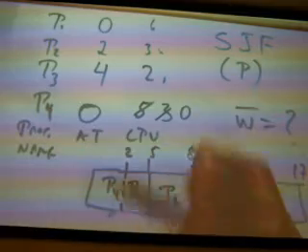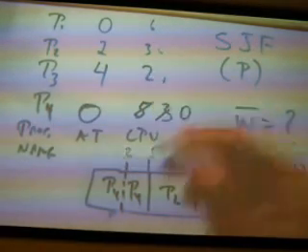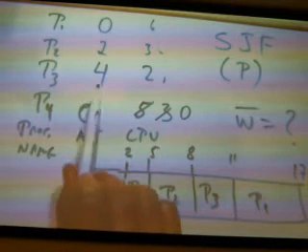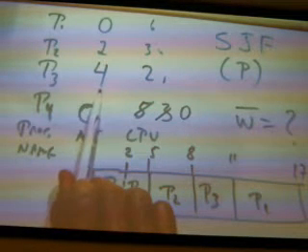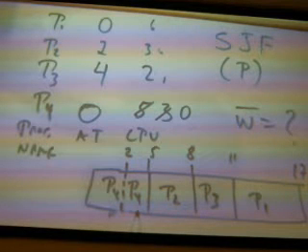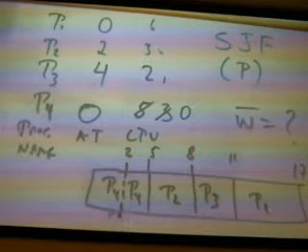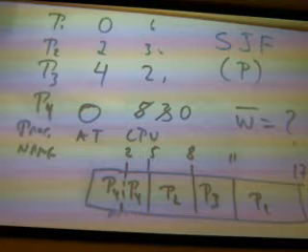We're going to keep 4 in there, and then when P3 arrives, P4 has 1 unit left. Okay? And in case these arrive with 3, then they have the same remaining time, so there is a tie. P4 remains.